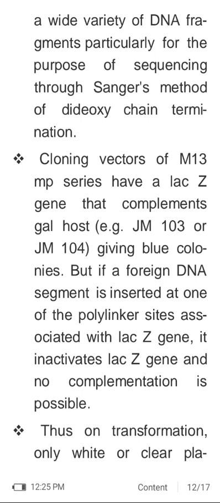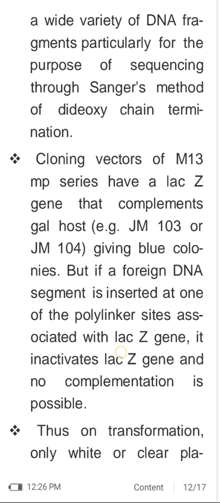Cloning vectors of the M13mp series have a lacZ gene that complements the host, giving blue colonies. But if a foreign DNA segment is inserted at one of the polylinker sites associated with the lacZ gene, it inactivates the lacZ gene and no complementation is possible.